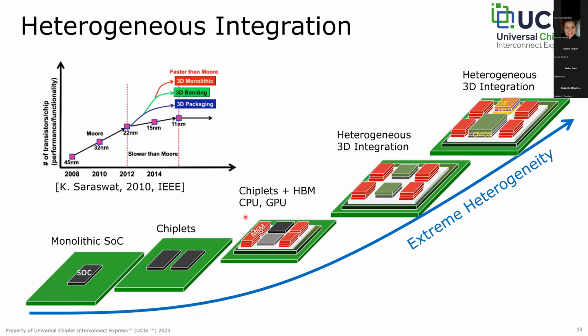For example, the IO die can stay in a lower cost, more mature process node, because the IO area doesn't scale with the process technology anymore. So it doesn't matter which node you use, while the compute and graphics function can benefit from the more advanced technology node to increase the density and reduce the power. So you can mix and match different nodes on the same package, and that's where UCIe comes in to help interconnect.